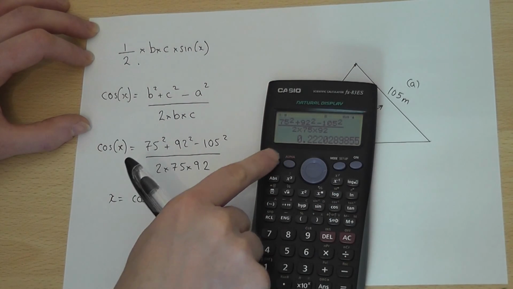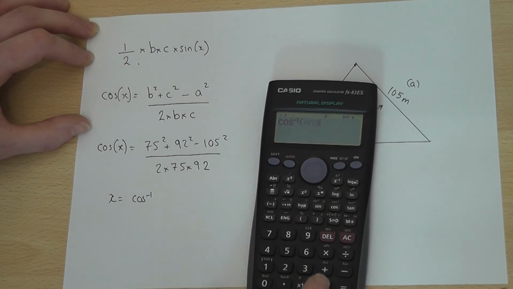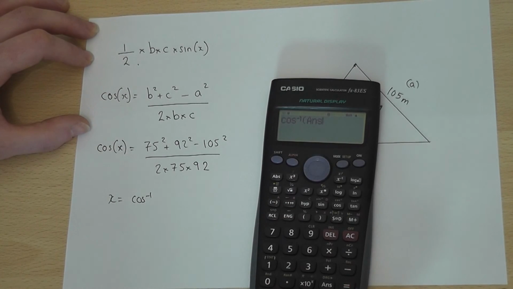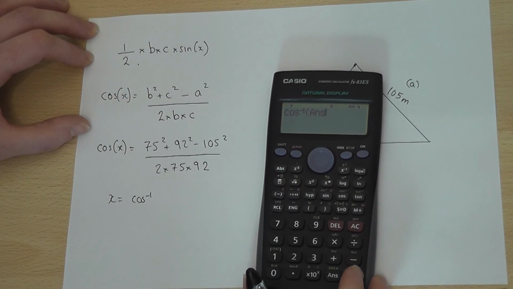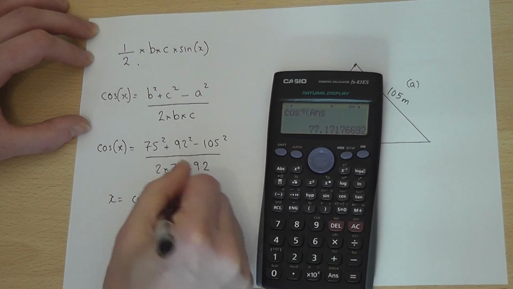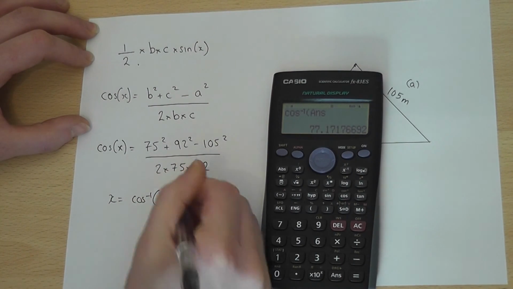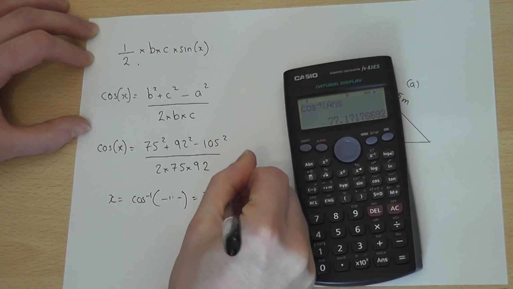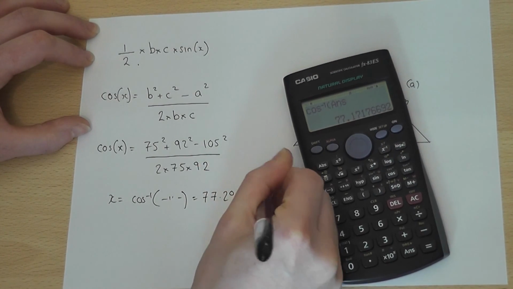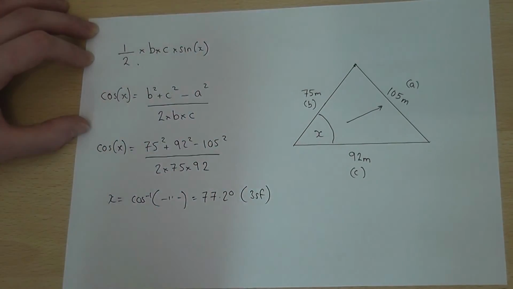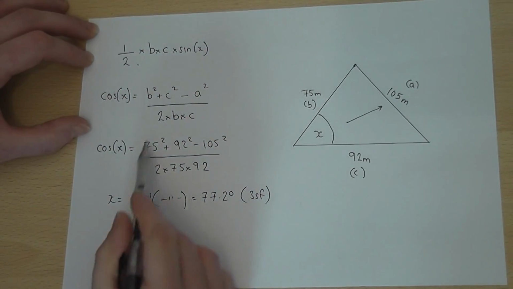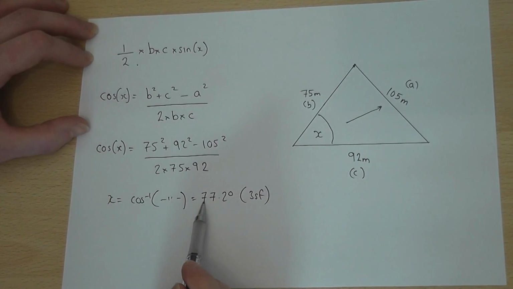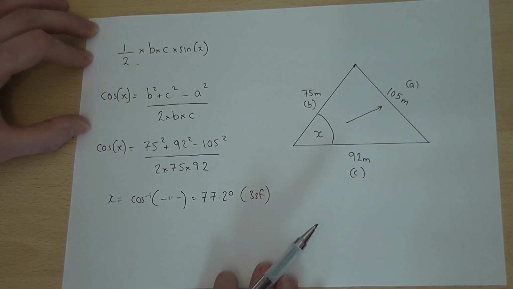So if I press shift cos and just press ans, it will use the memorised value of 0.222. Press enter and I get x is equal to 77.2 degrees to 3SF. So again, I've inverse cos of the value above to get 77.2 degrees.